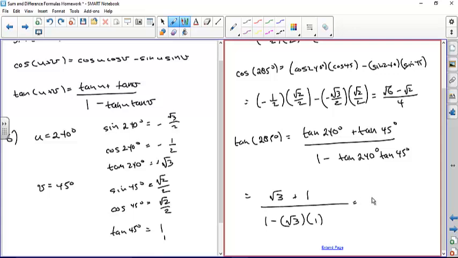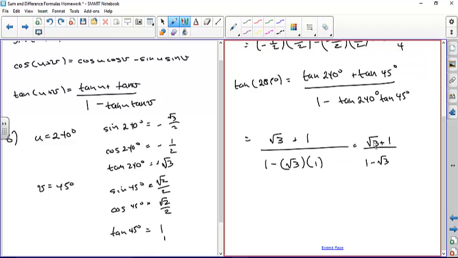So we end up with square root of 3 plus 1 divided by 1 minus the square root of 3. So we're going to multiply and divide by 1 plus the square root of 3, because we have this sign change.